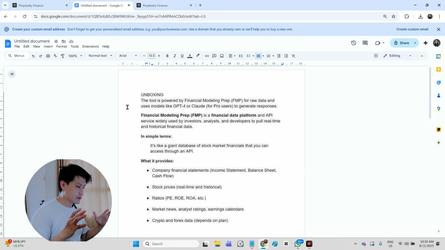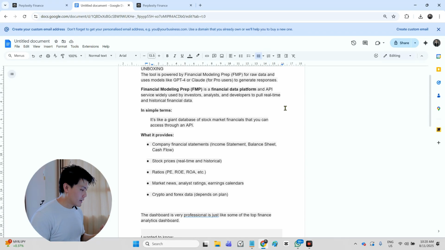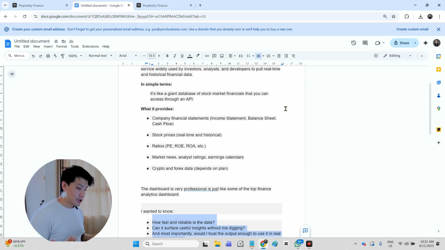It provides company financial statements, stock prices, ratios such as PE, ROE, ROA, and market news, analyst ratings, earnings calendars, and also crypto and forex data.